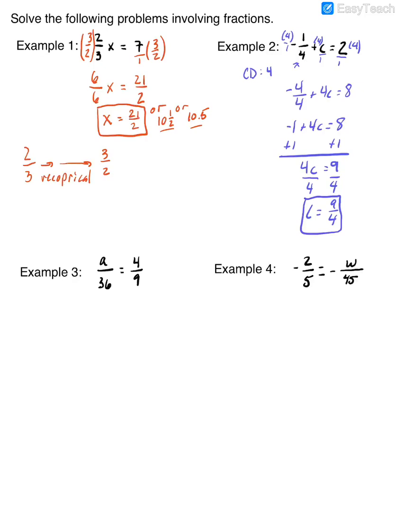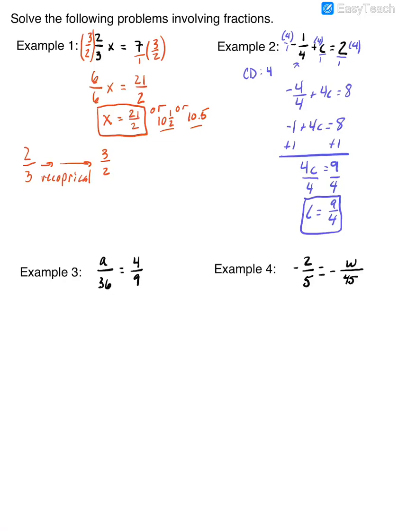So, for example 3, if both sides are fractions, like in examples 3 and 4, I could multiply everything by the common denominator.